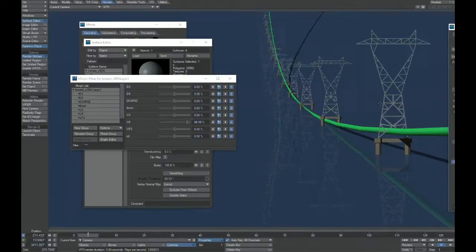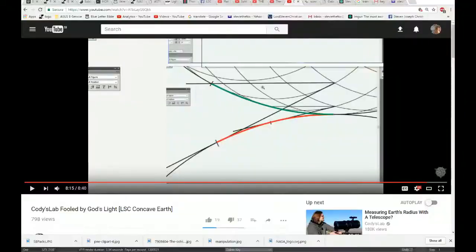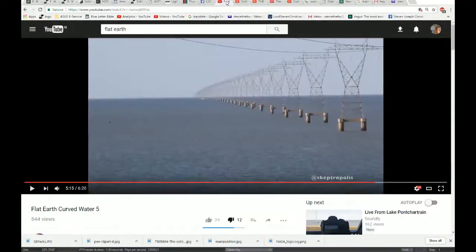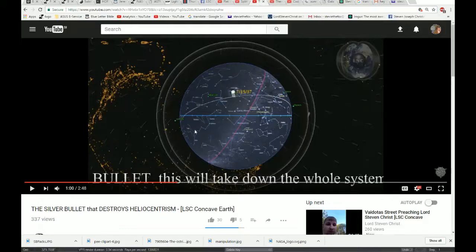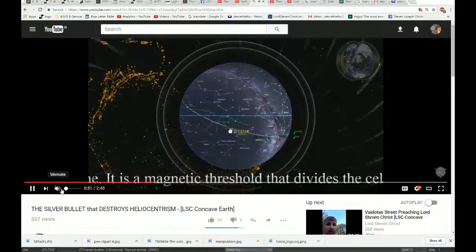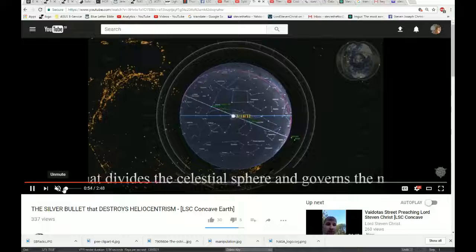Okay, all right, and remember, I want to keep stressing that the galactic equator and the sun always intersect during the solstice. This is what you guys just have to keep stressing to them, whether they're flat earthers or convex ball earthers with heliocentric viewpoints.